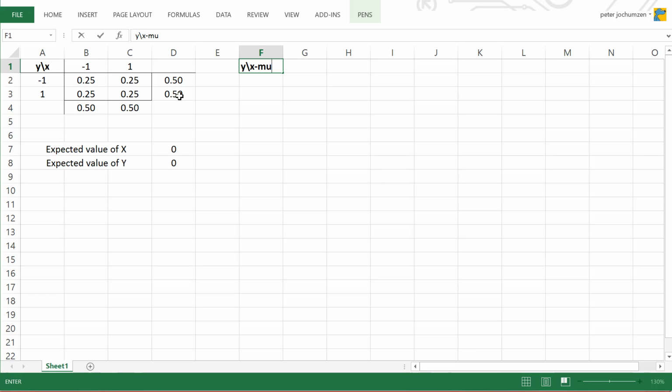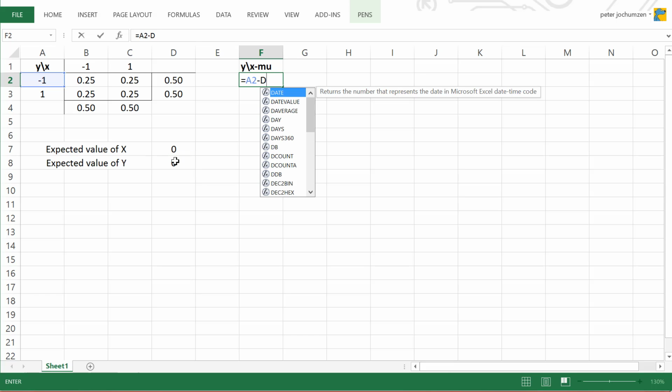So what I'm going to do here is I'm going to take that particular value that y can take, -1, and then I'm going to remove the expected value of y. So removing that, I have equal to this, removing expected value of y, A2 minus D8. And let's do dollar signs, and I can just copy it down.